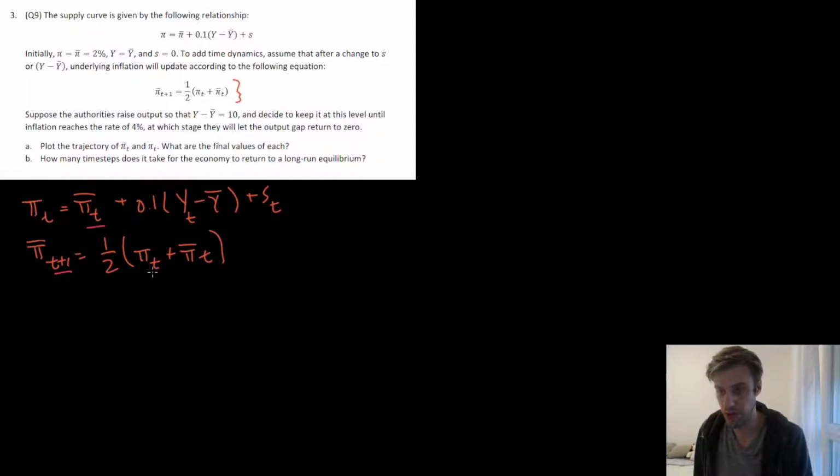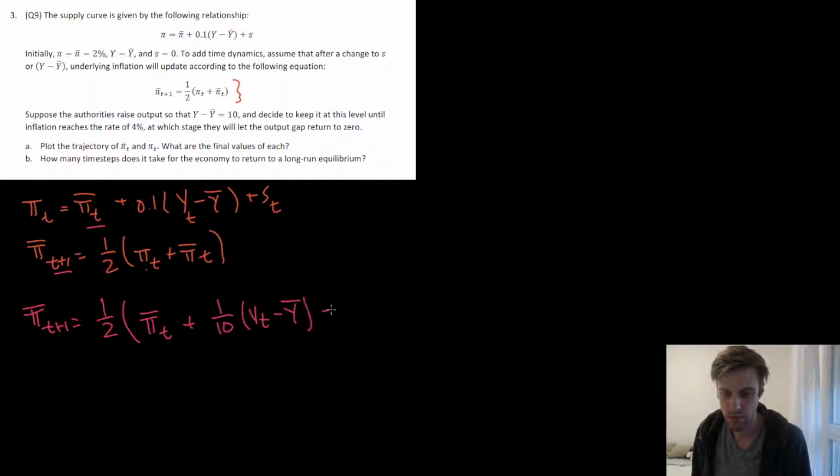We can just plug in pi t here. So we'll get pi bar t plus 1 is equal to 1/2 times pi bar t, I'm writing down this equation from the top, plus 1/10 of yt minus y bar plus st, plus pi bar t.